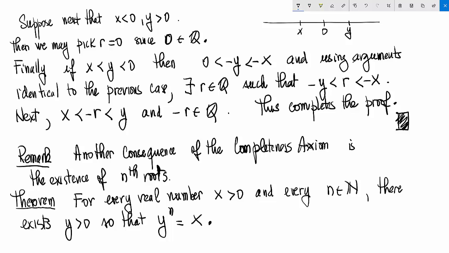That's an important result, but we will not prove that. But I just want you to be aware that it is a direct consequence of the completeness axiom as well. So the completeness axiom is in fact a central axiom for us in moving forward in advancing our study of the set of all real numbers.